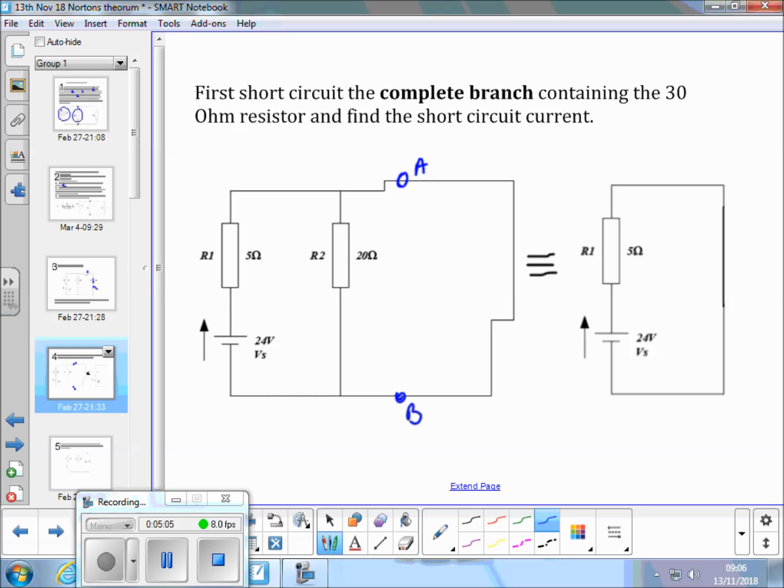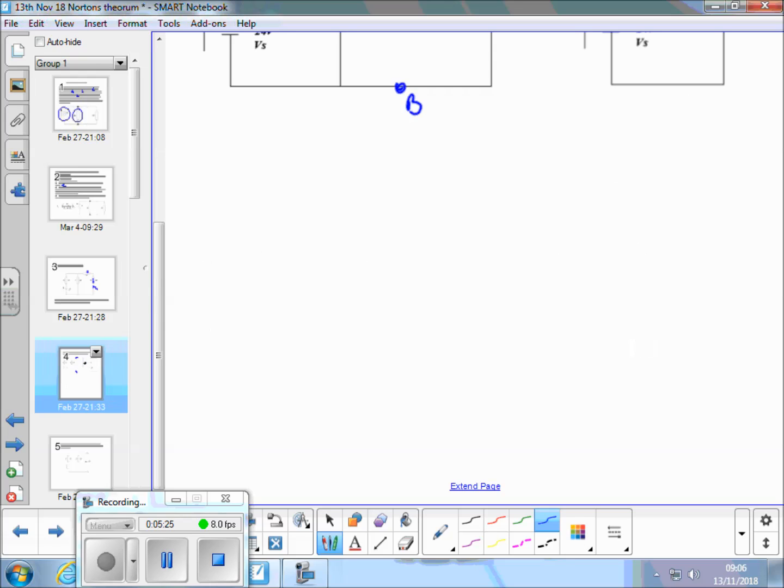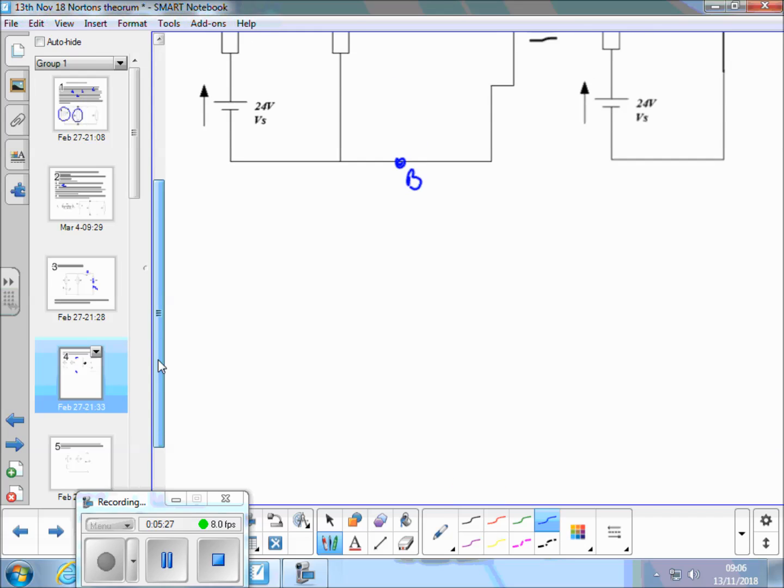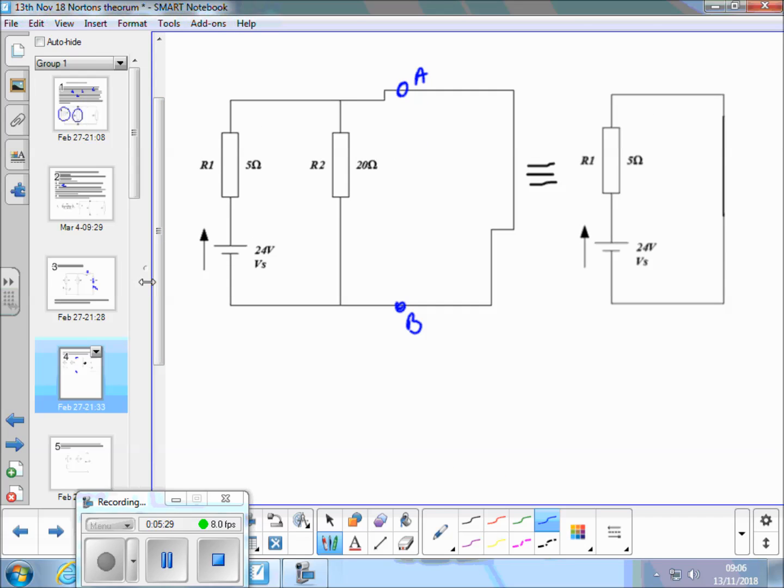Because effectively, if this branch is 0 ohms, then no current is going to go through the 20 ohm resistor. It will all go through the 0 ohm branch. So you can now calculate the Norton current IN, which flows in there.